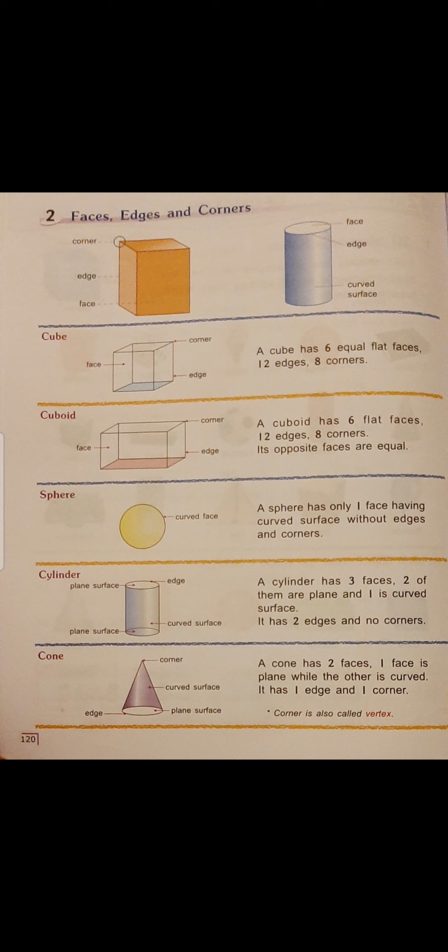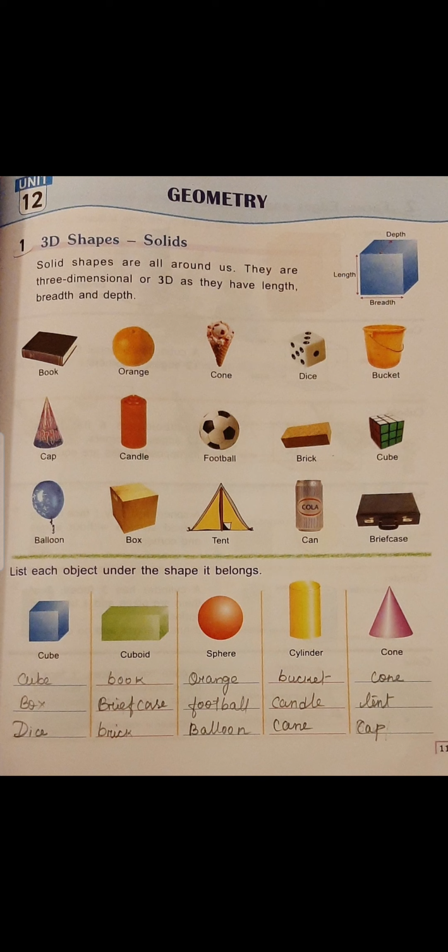Here we'll find out what are the objects that look like this cube. Like this one, dice looks like a cube, box looks like a cube, isn't it? And this cube, it looks like a cube, because it has how many faces?